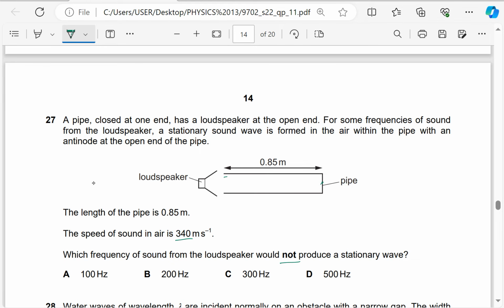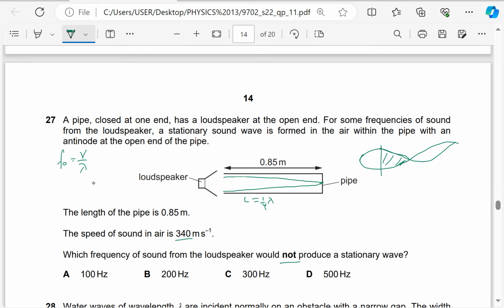For a closed pipe, that will be the fundamental. Of course, we know for a closed pipe, the fundamental mode f naught is going to be v over wavelength. This is a quarter of a cycle. The length L is equal to a quarter of a cycle. Because if it was a full cycle, we would have something like this. So if we are just seeing this part here, this is a quarter cycle.